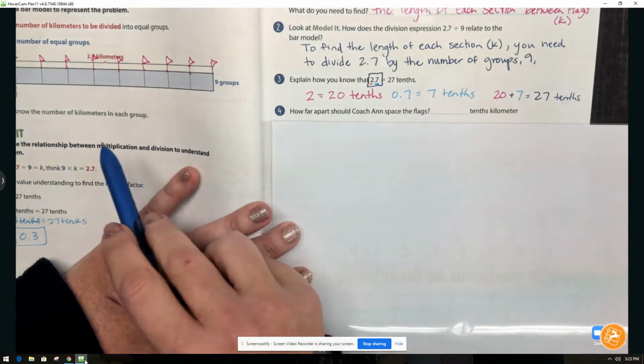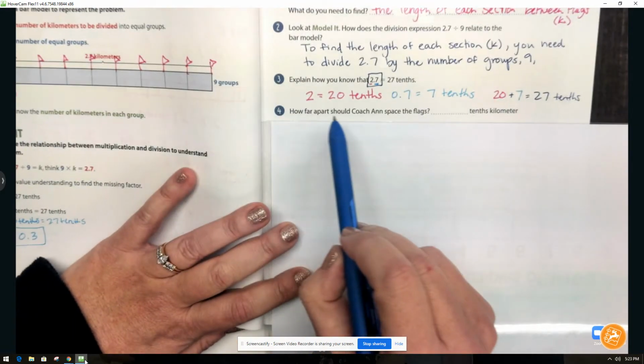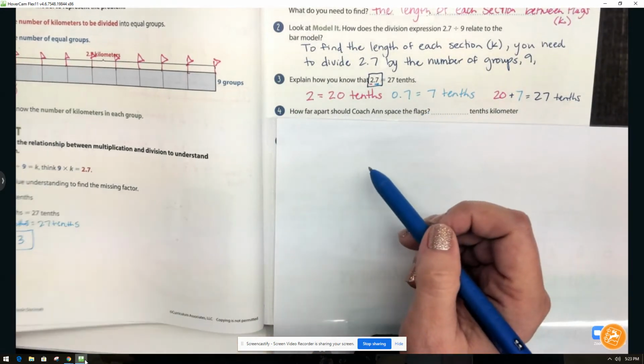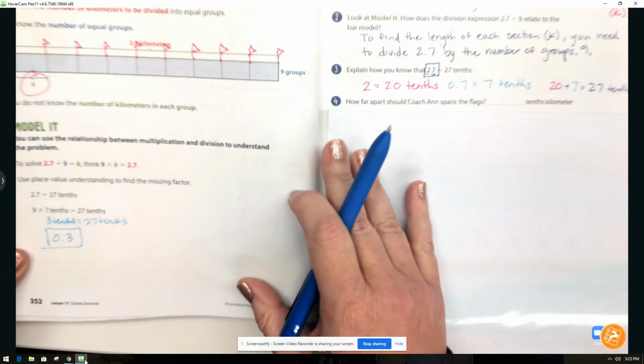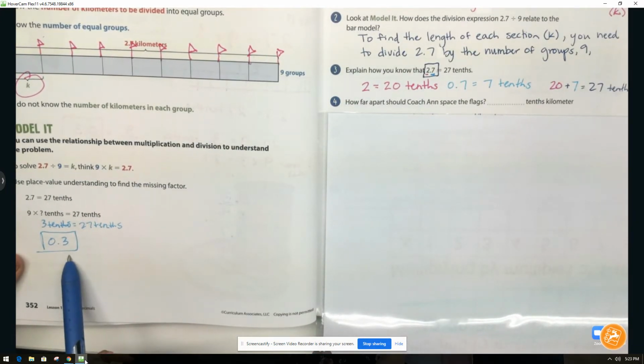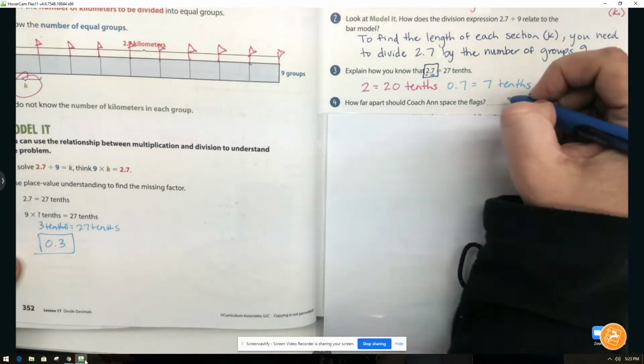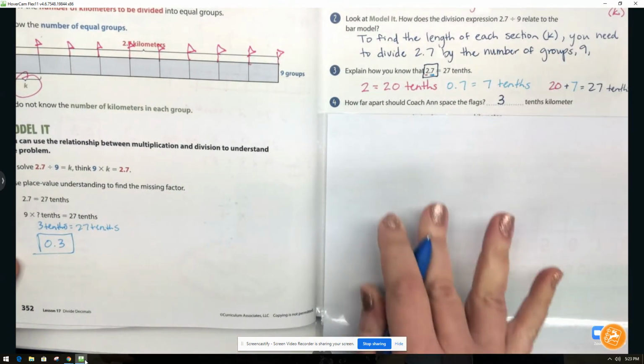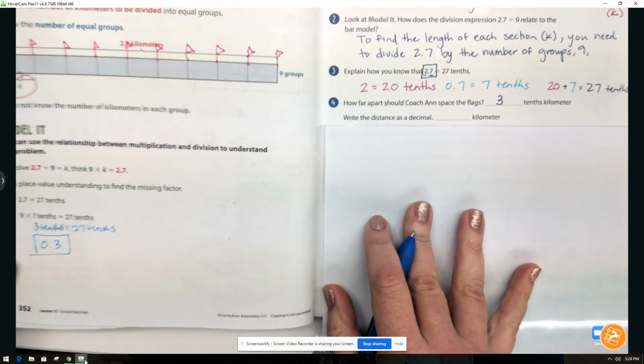Now, based off of what we've done in the last 2 pages, how far apart should Coach Ann space the flags? Well, we see that she should space the flags every 3/10. So the answer is 3/10 of a kilometer.